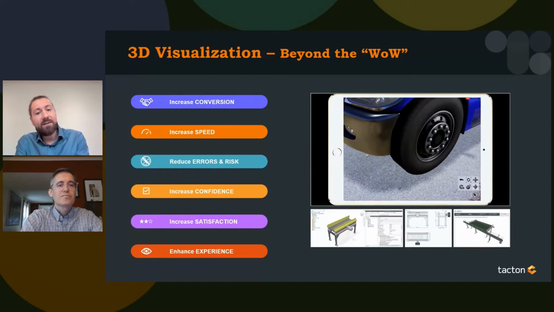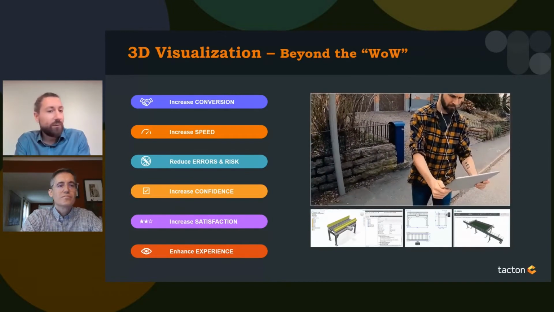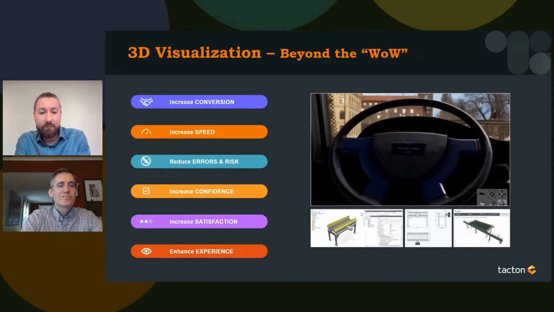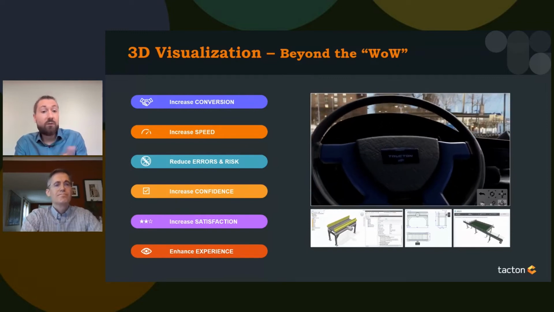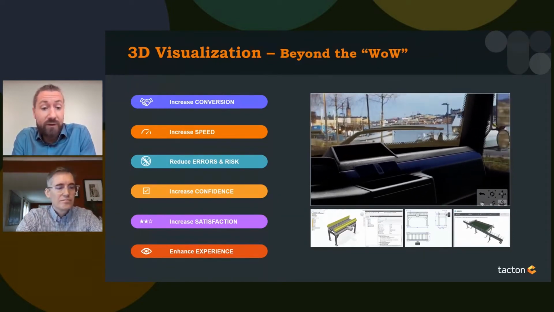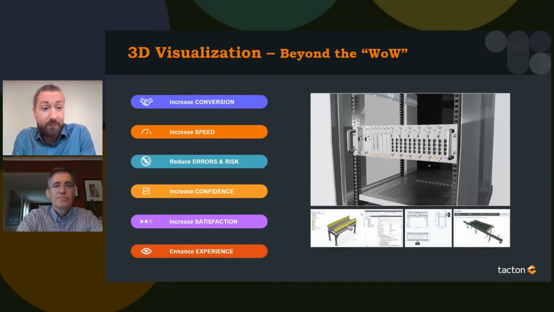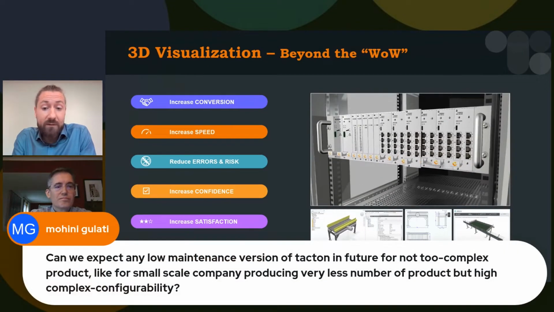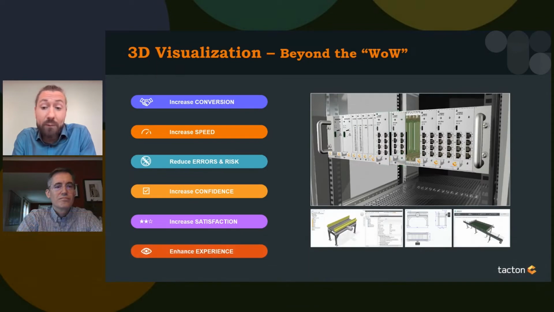3D visualization stands for what you see is what you get. And with technologies like augmented reality, it's even possible to put the configuration in your real-life context. That creates alignment and confidence and simplifies the whole sales process.